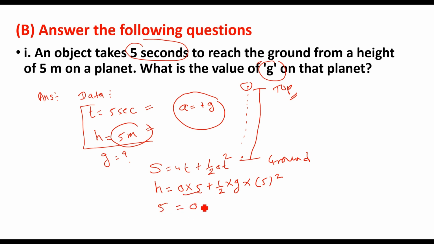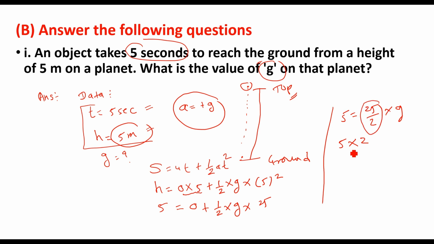0 multiplied by 5 is 0, plus 1 by 2 into g into 5 square, which is 25. Now this 5 is equal to 25 by 2 into g. We have to calculate the value of g. If you transfer it to the left-hand side, this value will be reciprocated. The 2 will go in the numerator and 25 will come in the denominator. So I get 10 by 25 is equal to g.